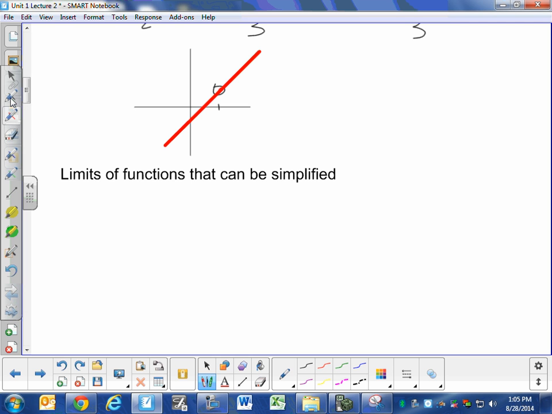So to kind of tie it all together, limits of functions that can be simplified.